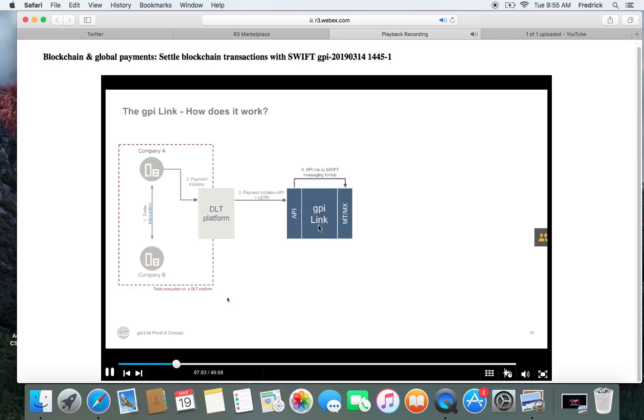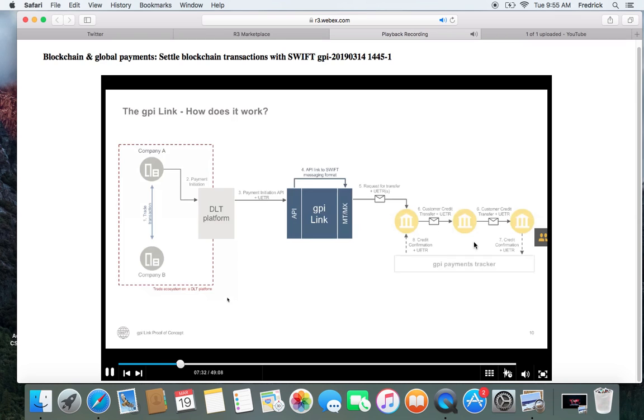It will transform this API call into a payment initiation message that is sent to the bank. For banks, this is quite business as usual. It's important to mention this here. This is business as usual to receive this kind of payment instructions from their corporate. And as of then, the normal GPI payment transaction happens with the necessary tracking, as I just mentioned before.